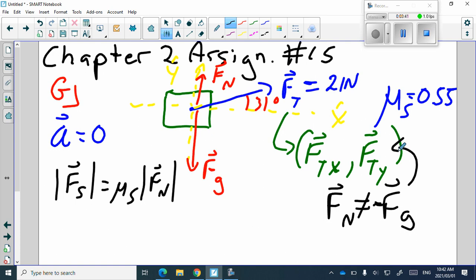But regardless of that, even though it's not equal to it, normal force is still dependent on force of gravity because it's in the Y component with it. All right. So if you have more mass, there will be more normal force. Okay.